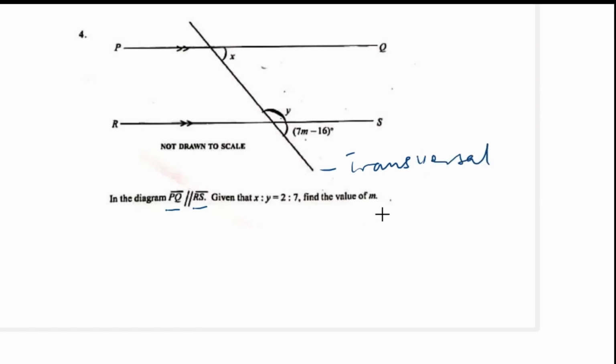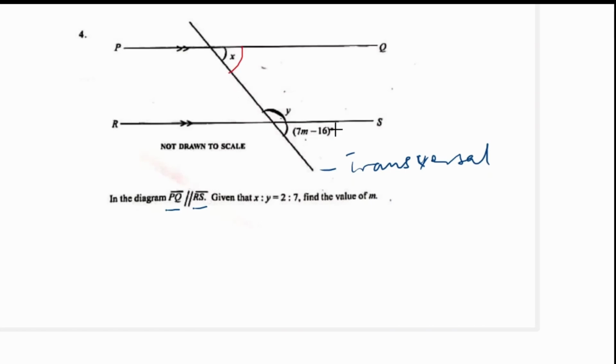Right. And I have a video on angles formed between parallel lines and transversal, and I'll be sharing the link to some of them at the top here, and they will be in the description as well. So again, now that we know that these two lines are parallel and these are transversal, it means that the x and 7m minus 16 degrees are corresponding angles.